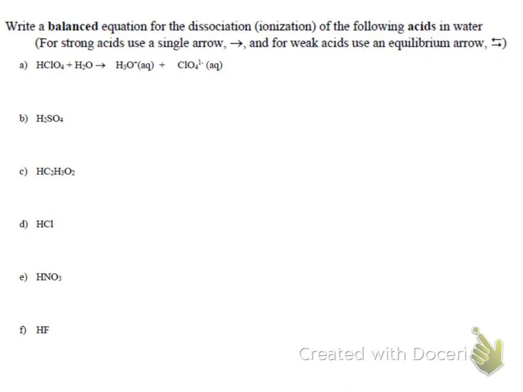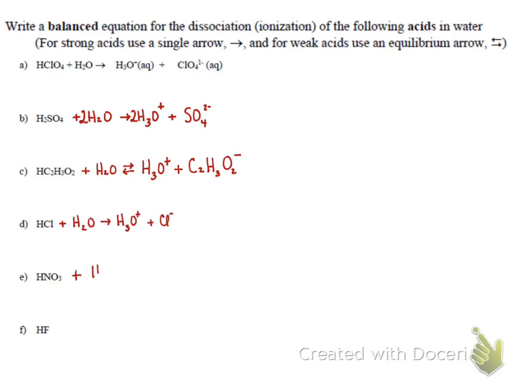If it is a weak acid, write the reversible arrow like this. So you can see they're all the same pattern. Basically, the only thing that's different between them is the weak acids show that the reactions are reversible because not all of the protons get removed.